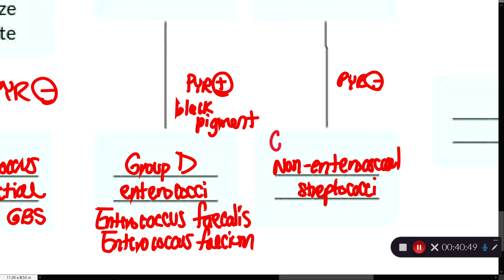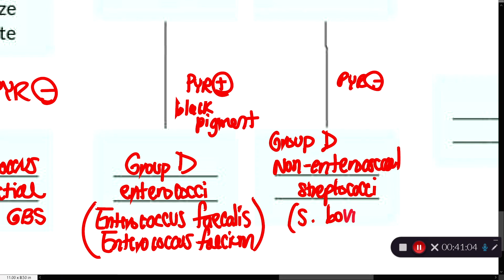But they still have that group D carbohydrate. So it's a group D non-enterococci is often what they're referred to as. And that will involve agents like Strep bovis. So you can think bovis in the blood associates with cancer in the colon. So it's associated with colon cancer.